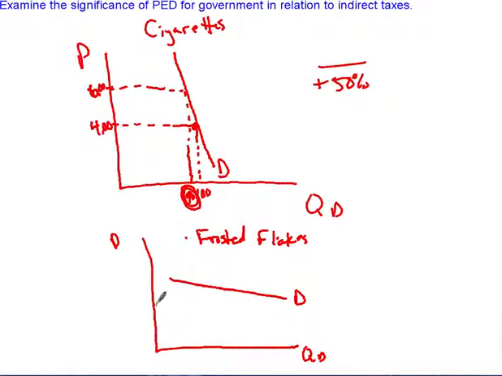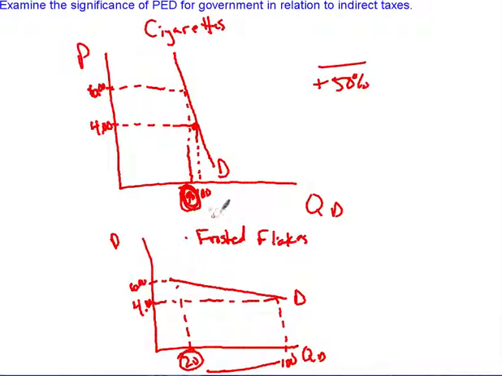Whereas what if they said, here is the demand curve for Frosted Flakes, and so 100 there, and let's say it's $4 also. What if they raise the price to $6? Then the quantity demanded is going to drop a whole bunch, and so all they're going to have is the tax revenue off of 20 units, 20 boxes of Frosted Flakes, versus up here, by raising the price, people are still buying it.